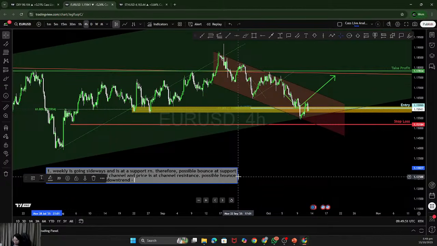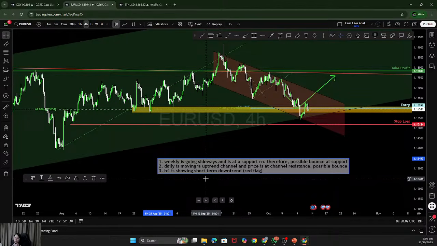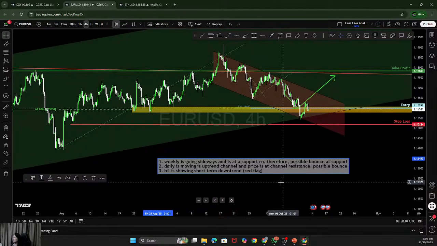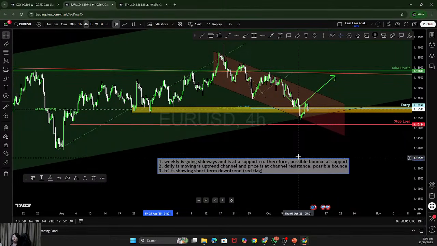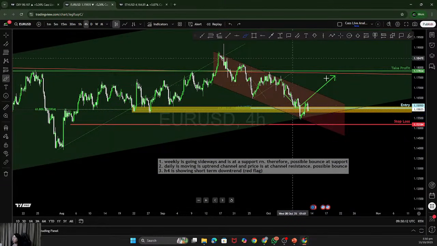This is our first red flag that doesn't agree with my ideology. It doesn't agree with my analysis, so I need to be cautious here, because what if it ends up being a breakout?